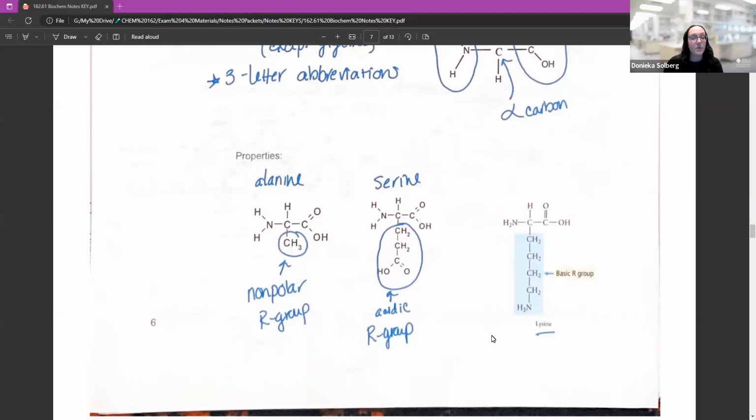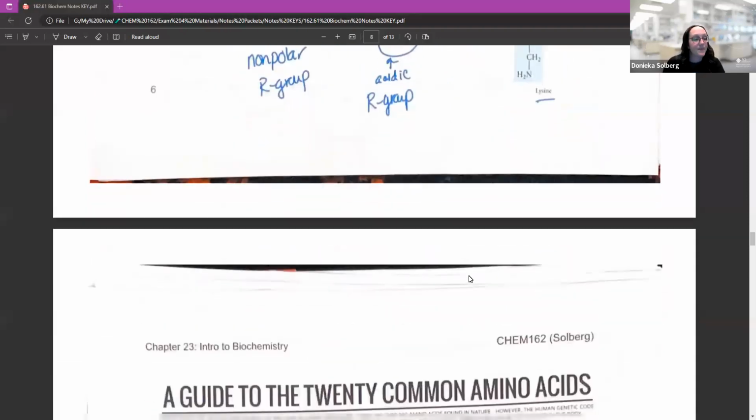Causes it to act different ways. Lysine, on the other hand, over here has this group, which has an NH2 on the end, making it basic. So we can also have basic R groups, and that causes that amino acid to attract to different things and act certain ways. So this is how proteins really get stuff done, by chemical reactions between acidic or basic or polar groups, things like that.